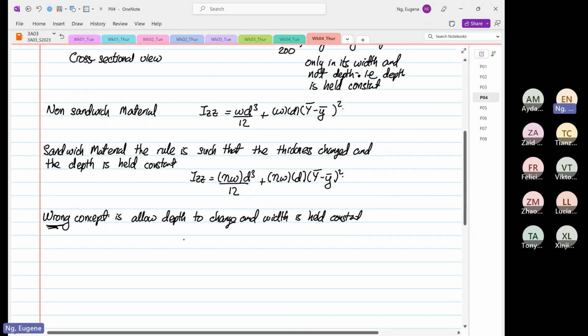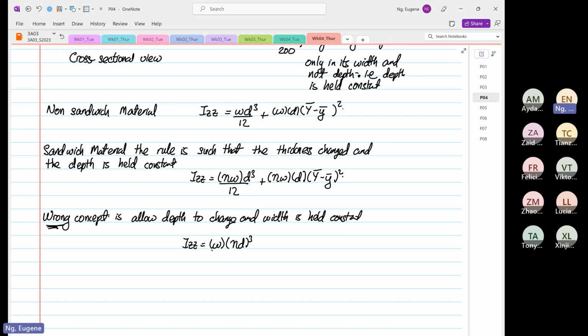So now this is IZZ. Width is held constant. Now this is N depth cubed over 12 plus width held constant, and then with a N depth, and then you need to compensate for your big Y bar N, or I don't know how to write this out.